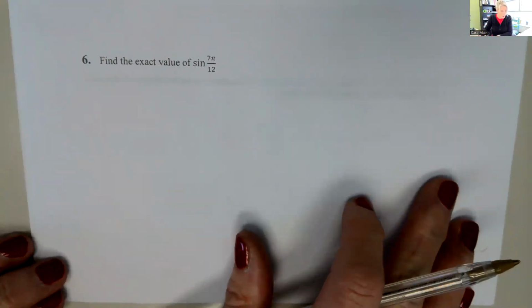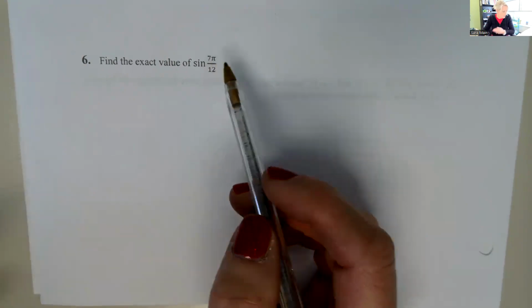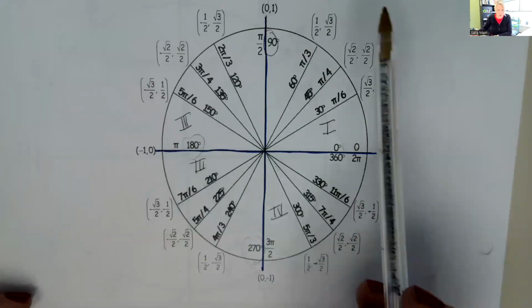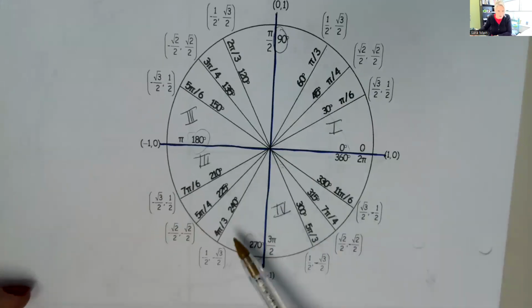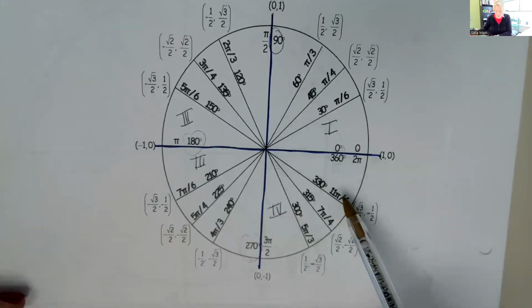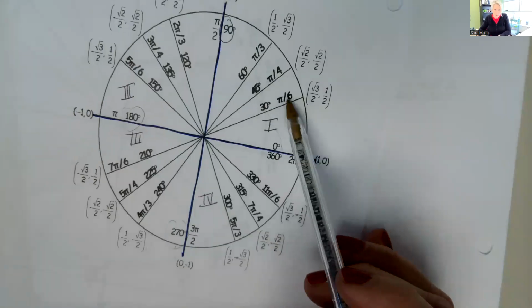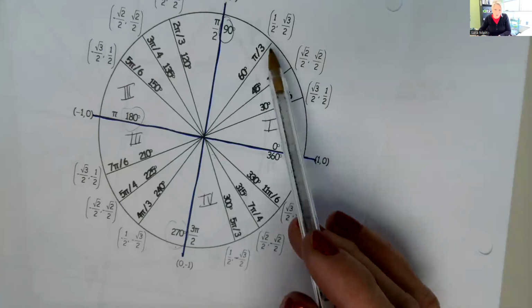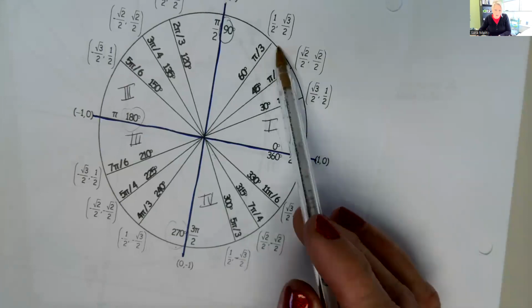And so because we don't have any pi over 12s on our unit circle, I could make a common denominator of 12 with either 3, 6, or 4. I'm going to use combinations of pi over 3 and pi over 4.